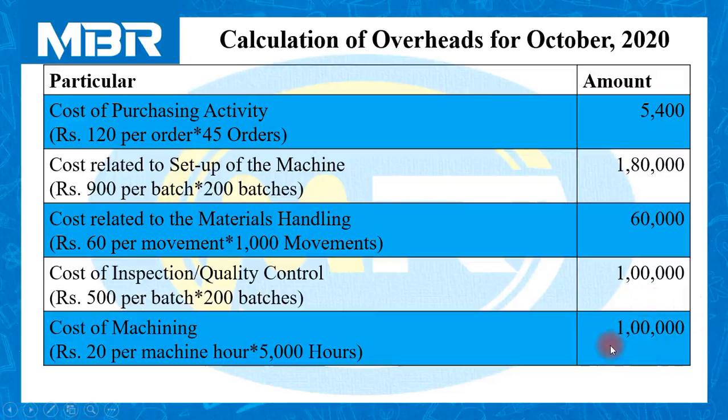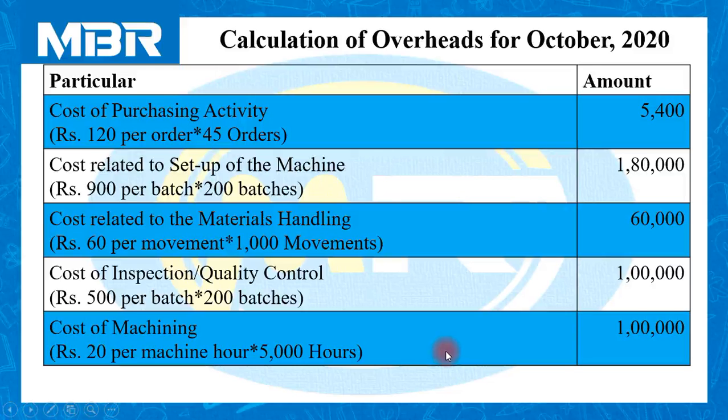In the traditional method, without considering any activities, we used to allocate all the expenditure using traditional bases. Here, we have used the proper base for distribution: for purchasing related activity, number of orders; setup of the machine, number of batches; materials handling, number of material movements; quality control, number of batches; and cost of machining, machine hours.